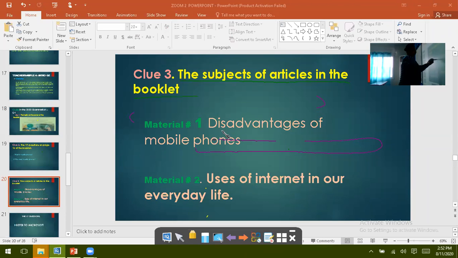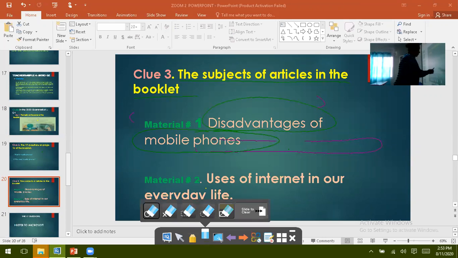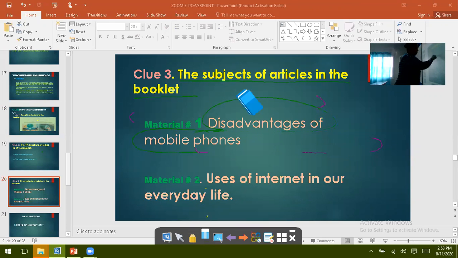So in material number 1, you have been given information on disadvantages, is that correct? Disadvantages of mobile phones, right? So that's one clue that the information would be to do with looking at what is the good, what is the bad of the use of mobile phones.